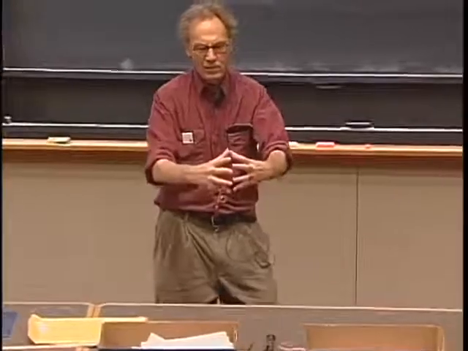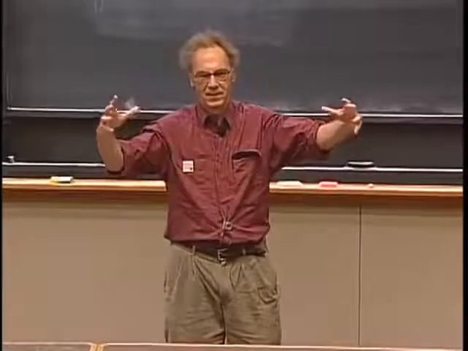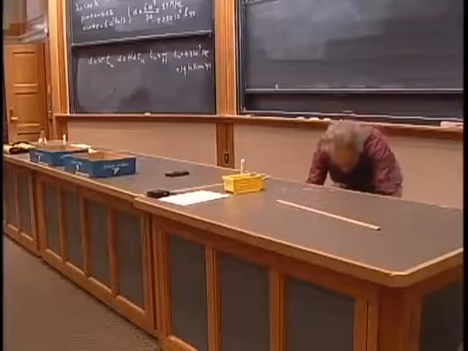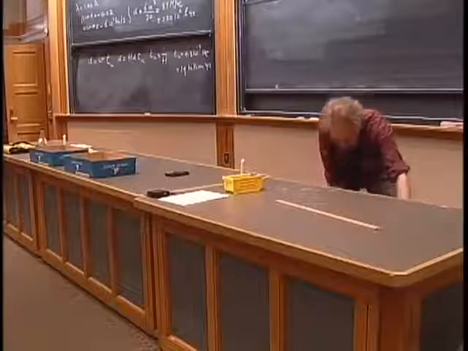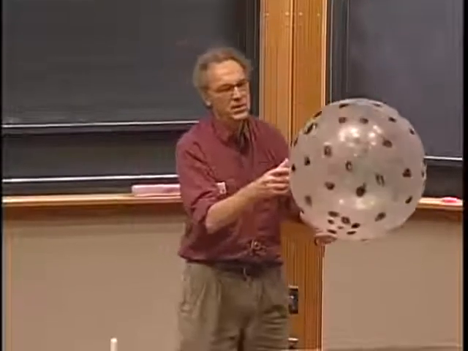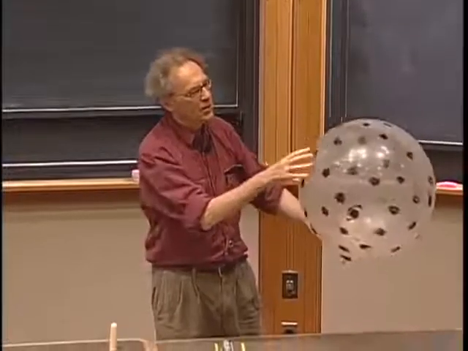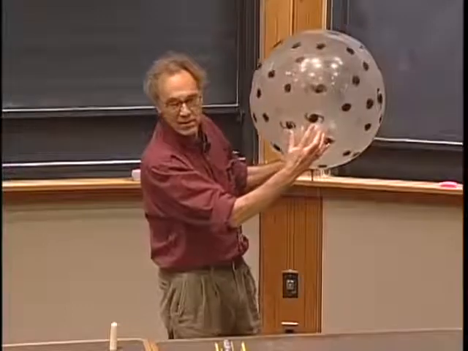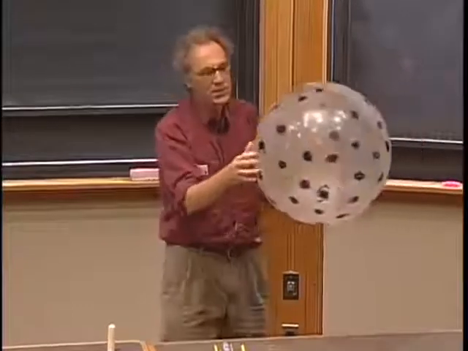And now this balloon can expand, and the galaxies which are on the surface of that balloon, here they are. Some are actually very nice. Here is a spiral galaxy. You see that? The nice galaxies.